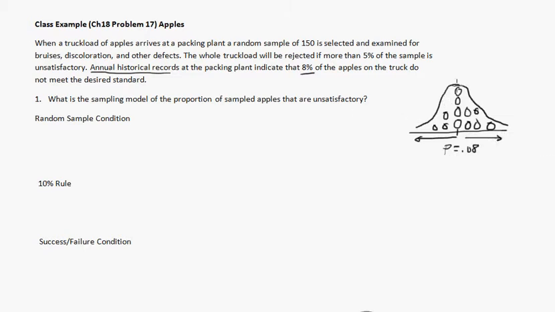Okay, so we can use the normal model for a sampling distribution, if each dot here represents a truckload, or a sample from a truckload. But we have to check the conditions first. So the random sample condition is met: we have random samples of 150 apples from each truck.